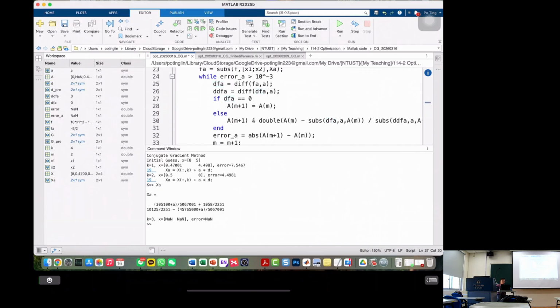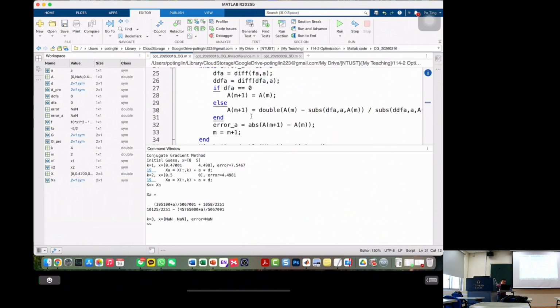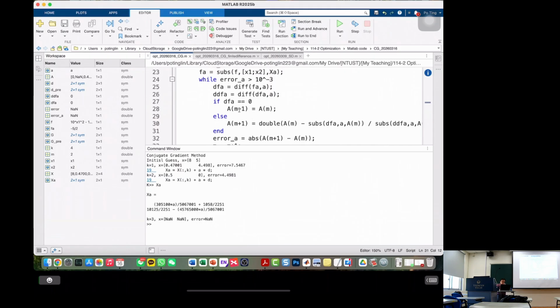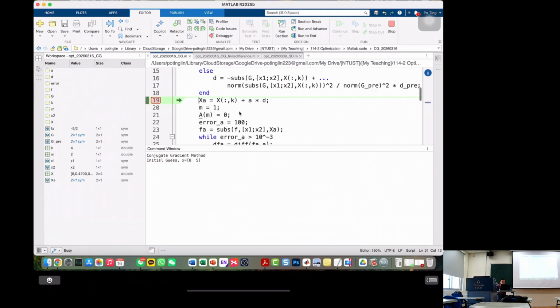So right here, numerically, if you found DFA exactly equals to 0, then f double prime will be 0 as well. Then you will have a 0 over 0. 0 over 0 is not a number in computer. So if you write it in this way, it will avoid not a number results.